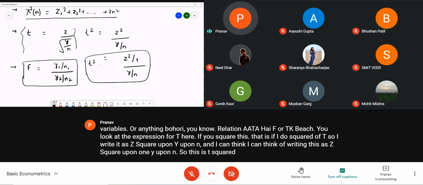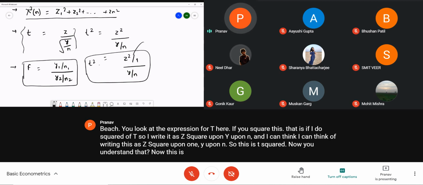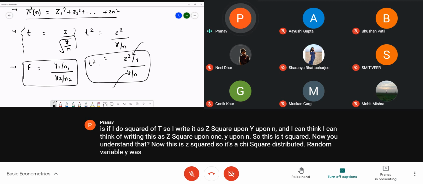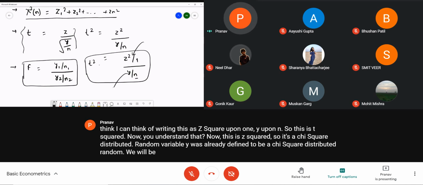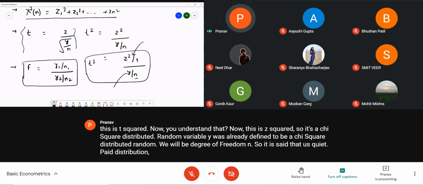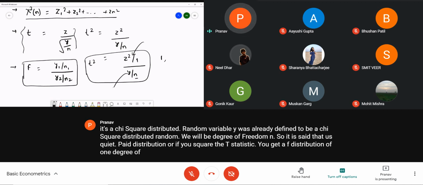Now you understand that this is Z square, so it's a chi-square distributed random variable. Y was already defined to be a chi-square distributed random variable with degree of freedom N. So it is said that if you square the T statistic, you get an F distribution of 1 degree of freedom in numerator and n degrees of freedom in denominator.